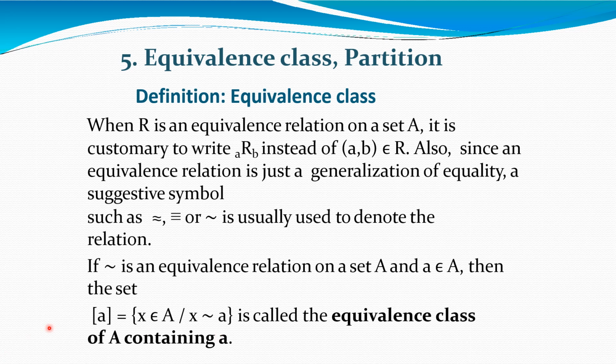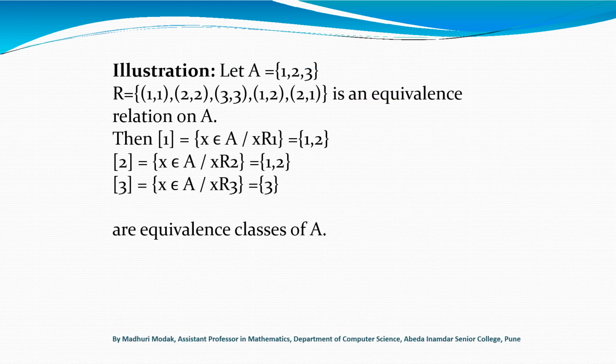So the equivalence class of a contains all those elements x in A which are related to a. Now definitely this set is non-empty, as every element a in A is related to a because the relation is reflexive. So every equivalence class is non-empty.